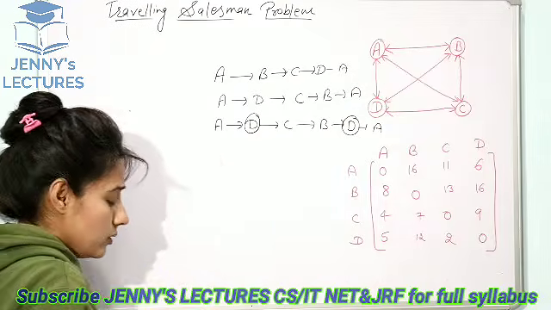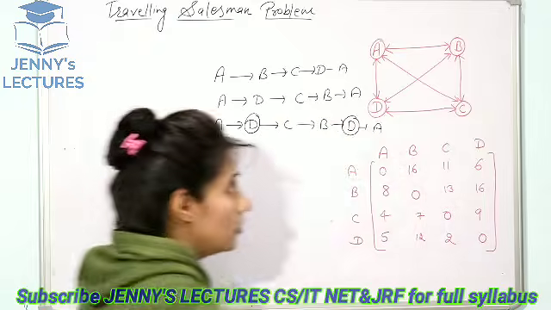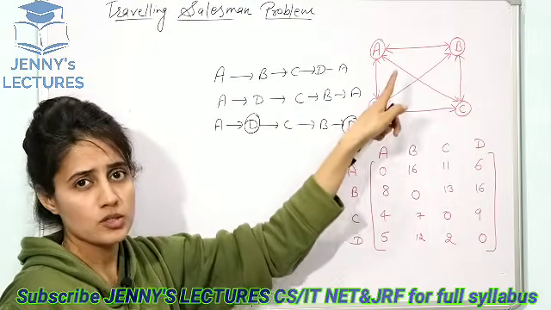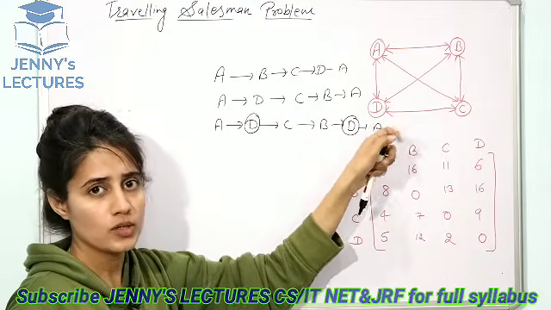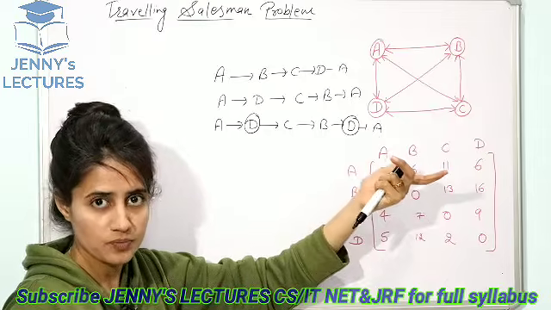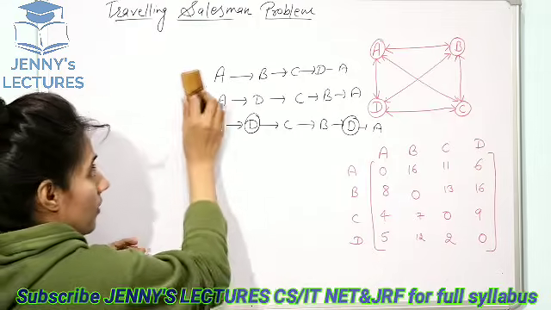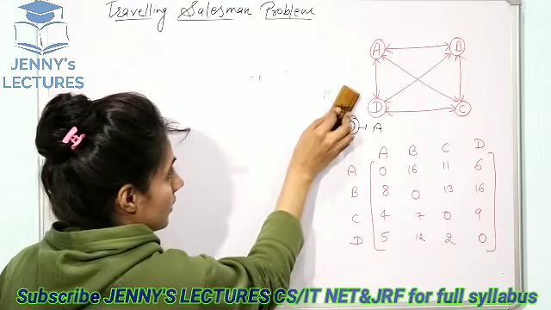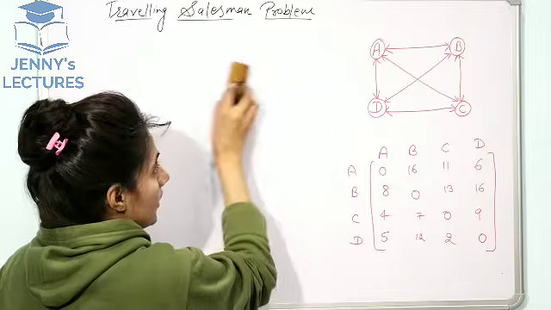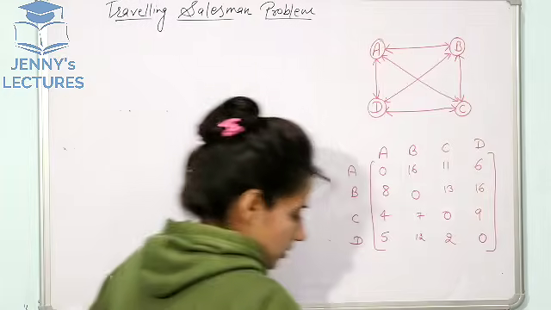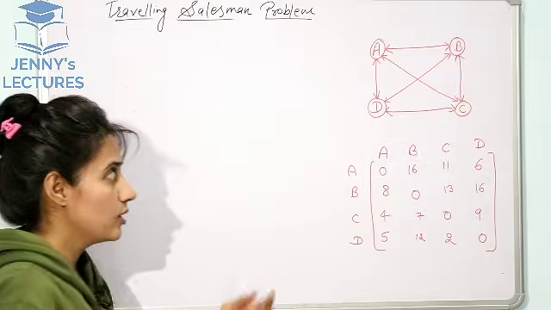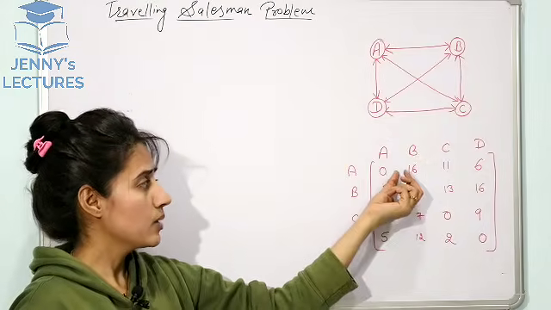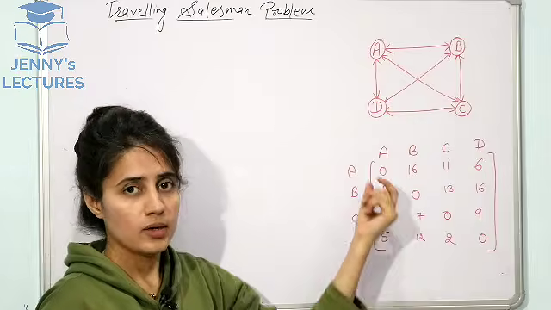Now you have to find the route which has the minimum cost, or you can say distance, or weight. So here I am going to take an example of this graph. This is the cost, or adjacency matrix, for this graph with the weight of each edge.